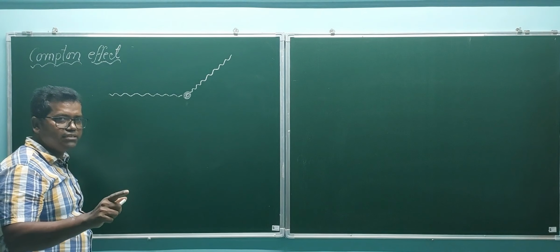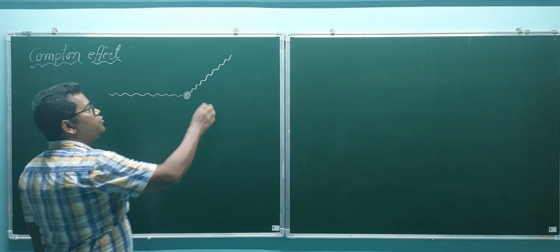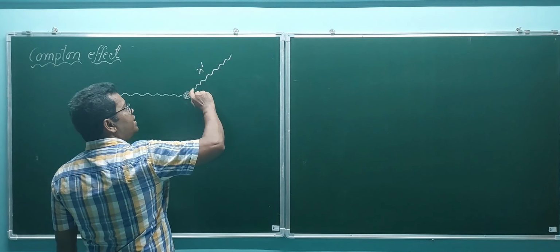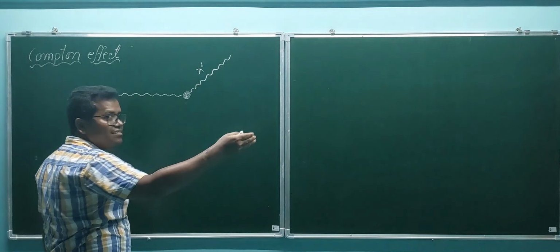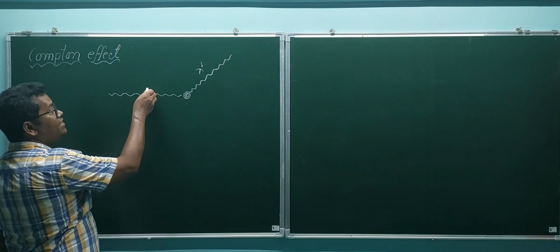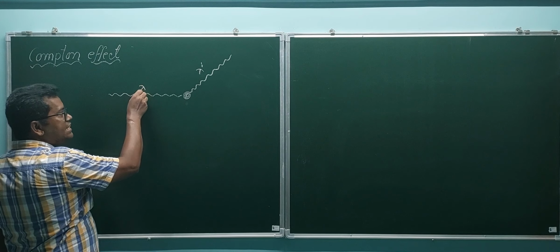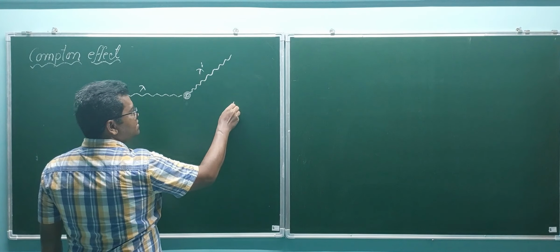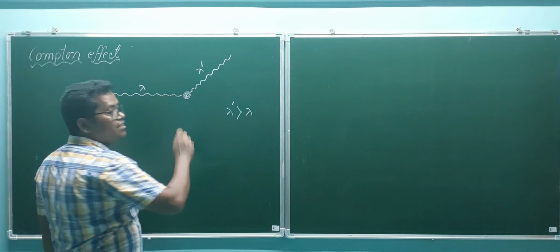And he observed that the wavelength of the scattered photon is longer than that of the incident photon. That is, lambda dash is greater than lambda.